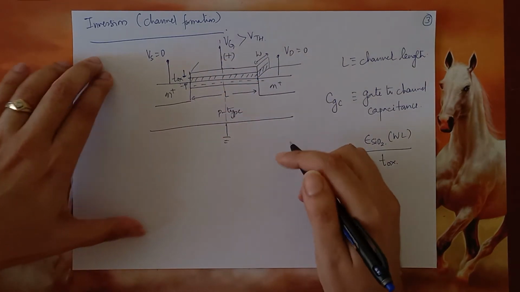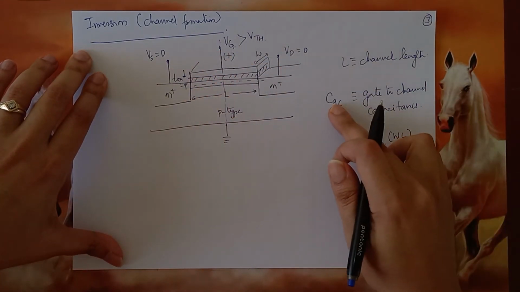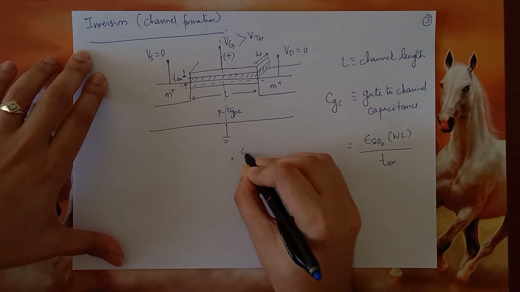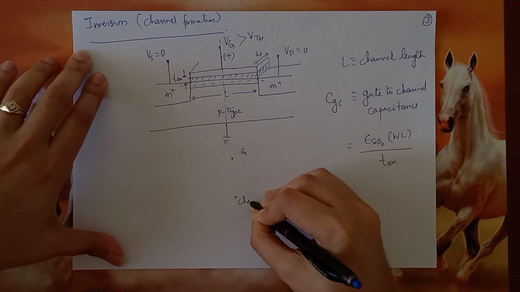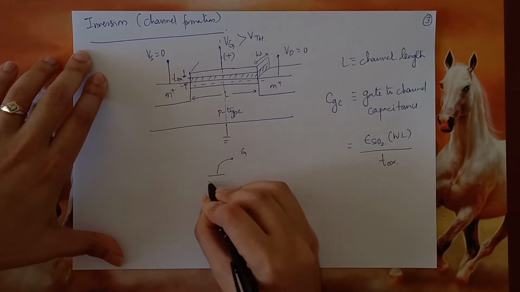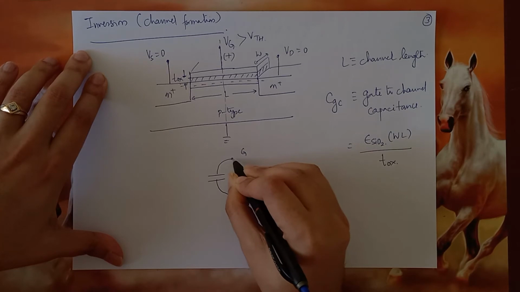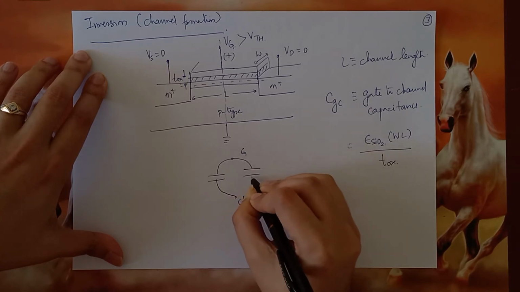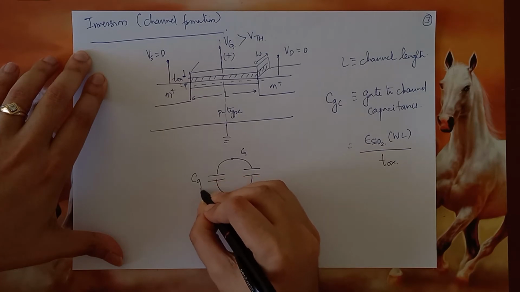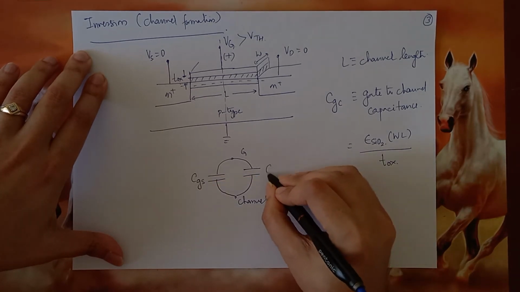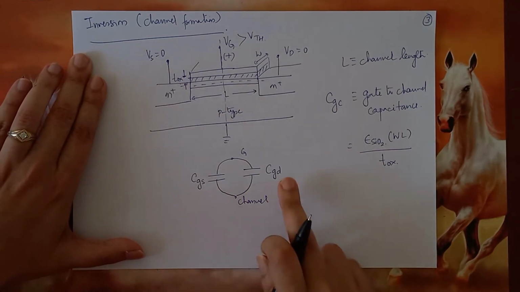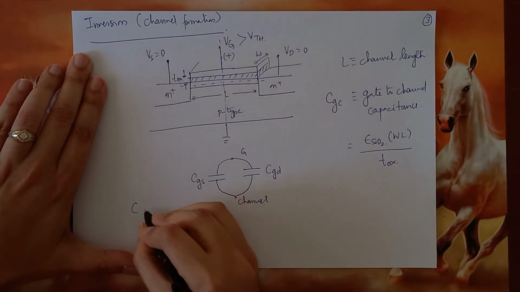So we are looking at this CGC, the gate to channel capacitance, as a parallel combination. Let's call this the gate. This is the channel. We are looking at it as a parallel combination of two smaller capacitances. This is called CGS, and this is called CGD, or the gate to source capacitance and the gate to drain capacitance.